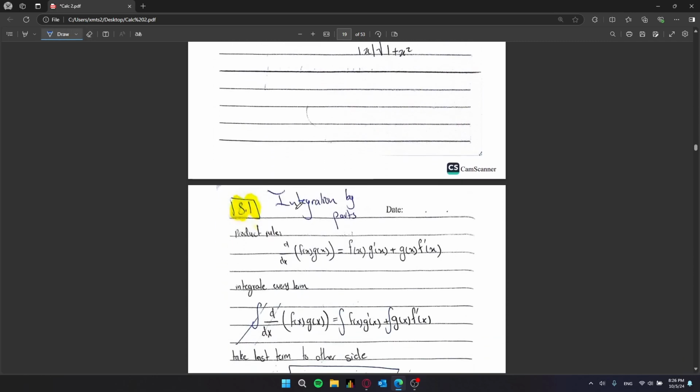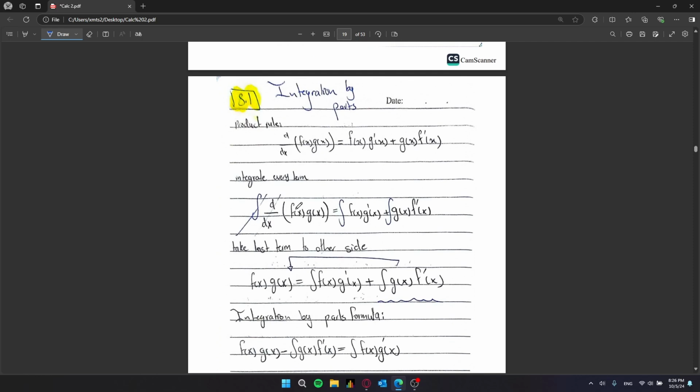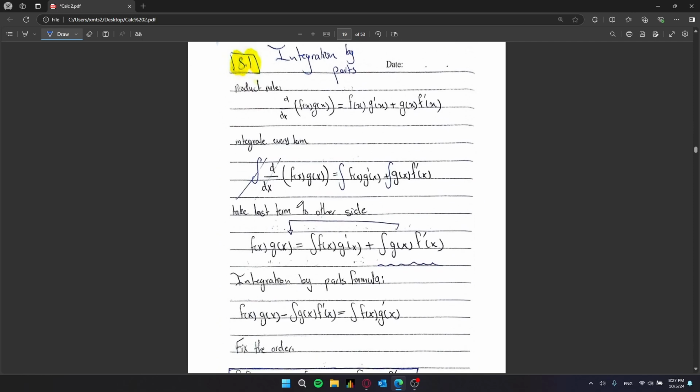Now, the next lesson is integration by parts. This is, frankly, an interesting lesson, and you have to pay a bit of attention to it because it builds on the product rule that you took towards the end of Calculus 1. So we know that the derivative of f of x times g of x is f of x g prime plus g f prime.